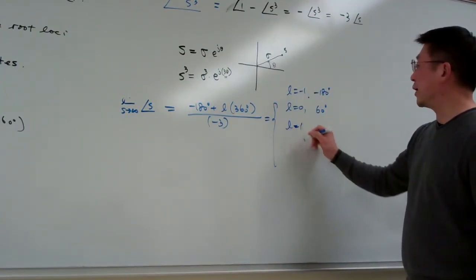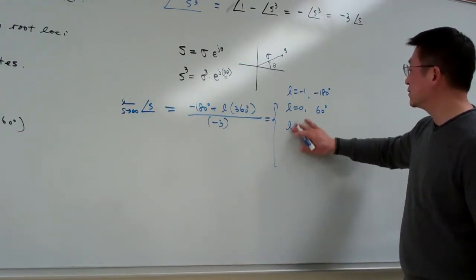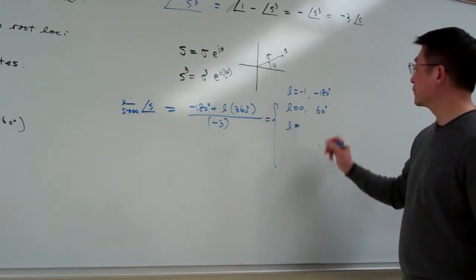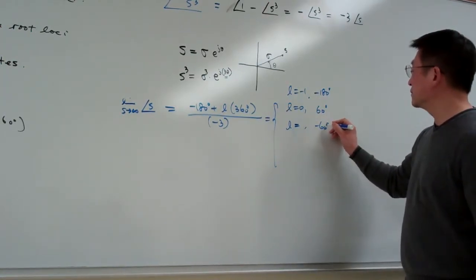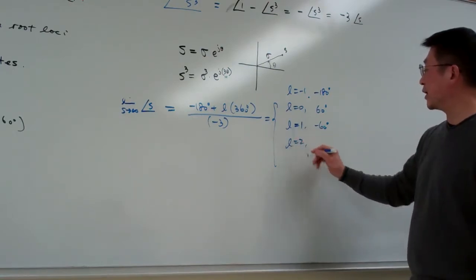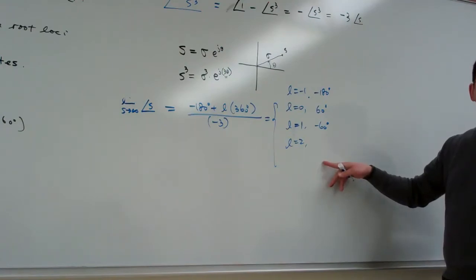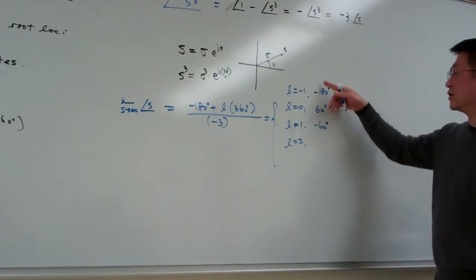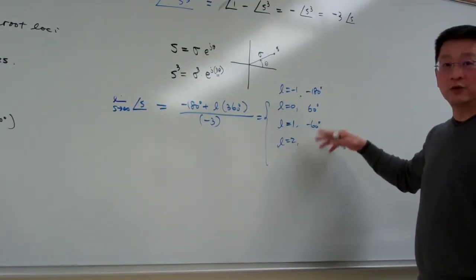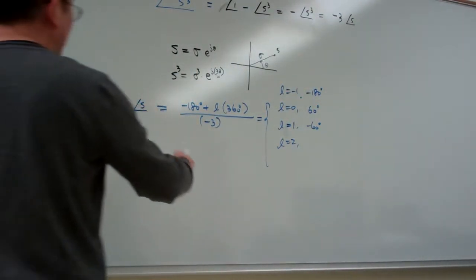When L equals 1, that is 360 plus this one, so that is minus 60. Okay? And we keep going. When L equals 2, you will find the three numbers begin to cycle. So that is the one we need. We don't need to repeat fully. So that's the reason we have 3 branches.